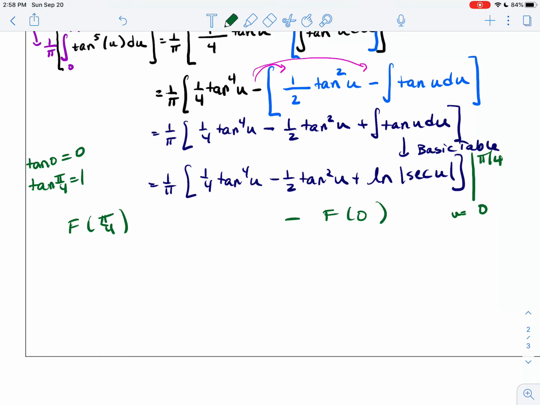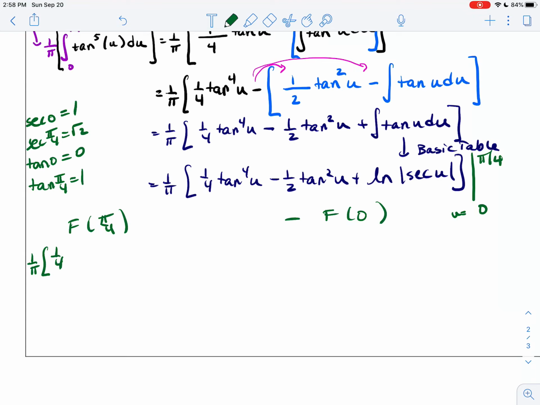We also have a secant u, and we know that secant is 1 over cosine, and the cosine of pi over 4 is 1 over root 2, so secant of pi over 4 is going to be just root 2, and secant of 0 is going to equal 1, because that is 1 over cosine 0, and cosine 0 is equal to 1. So those will be useful values, and here we go.